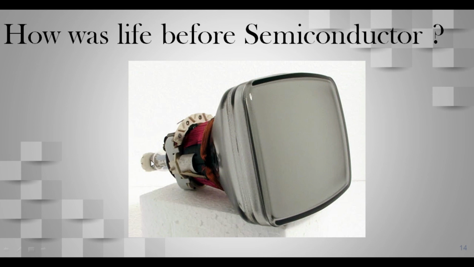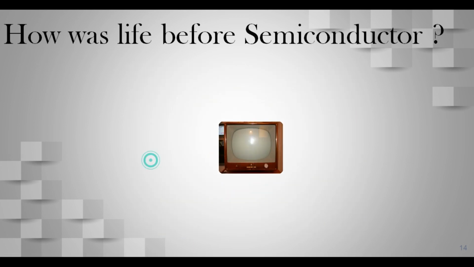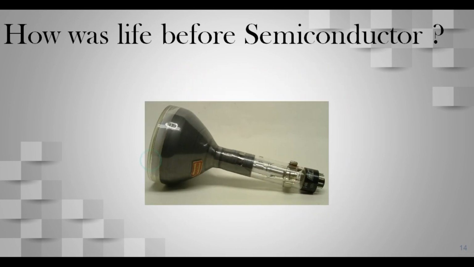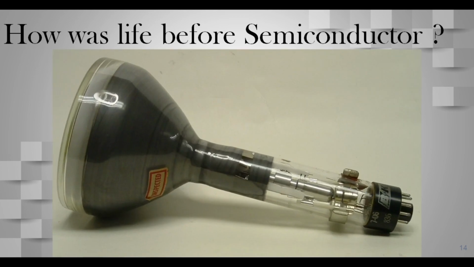The electrons used to move from one end to another end, and these were used extensively for the production of visuals on the screen of the system. So, this was the life before the usage of semiconductors. It was bulky and lengthy, and mostly black and white.